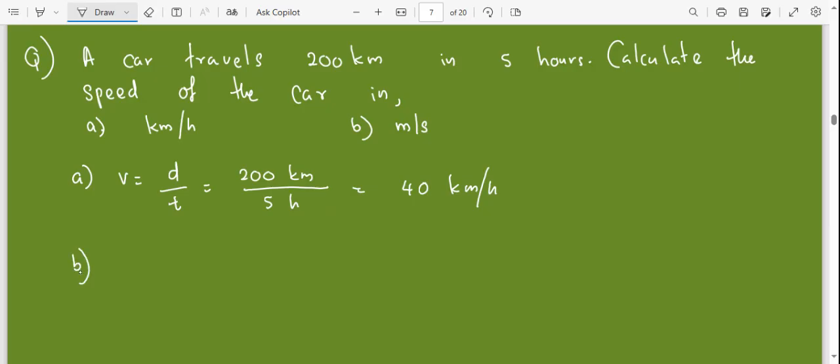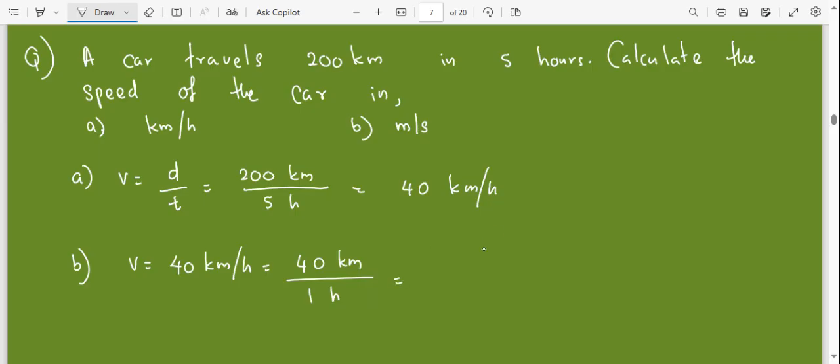And to give this value in meters per second, you can change the values here: 200 kilometers into meters by multiplying by 1000, and 5 hours into seconds by multiplying by 60 and again by 60. Or else, since we know the speed in kilometers per hour, we can use that too. 40 kilometers per hour means 40 kilometers in 1 hour.